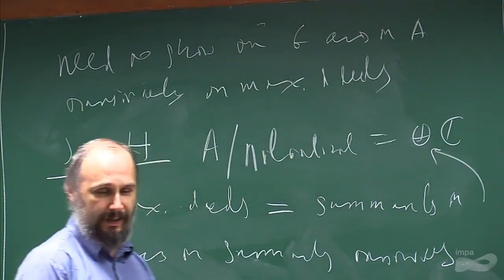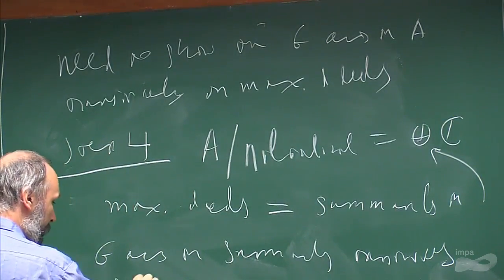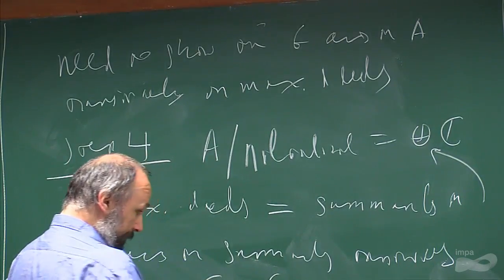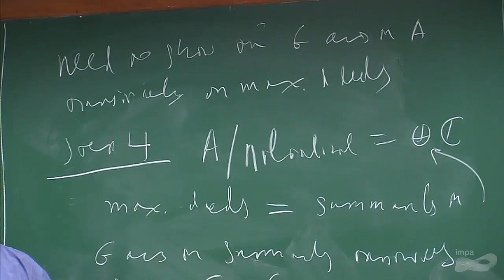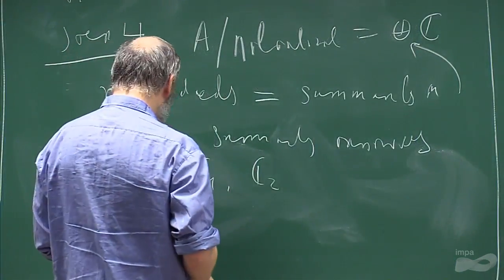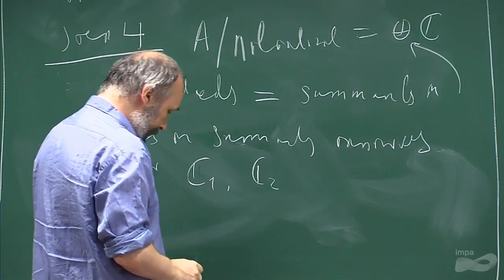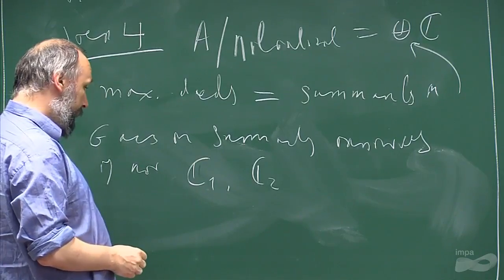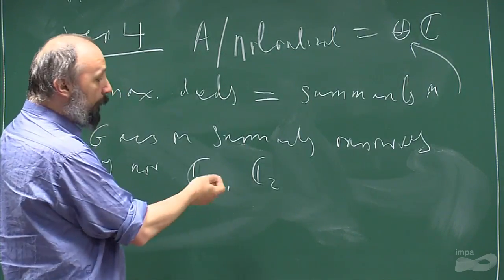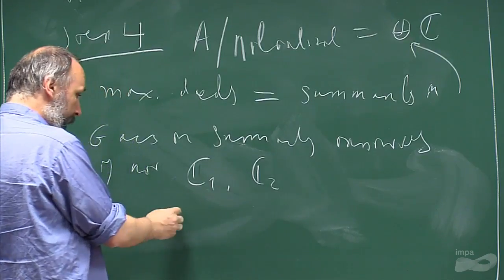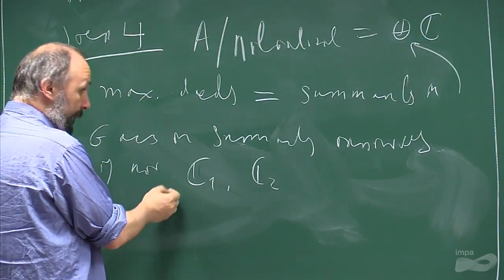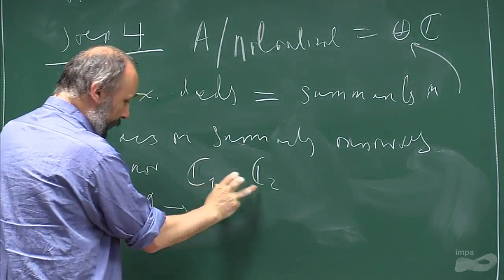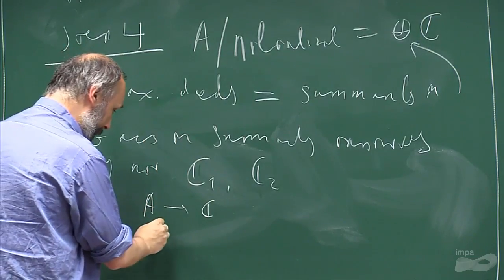Let me explain. Suppose it doesn't act transitively. If not, you have two summands, like C1, C2. They are not distinguishable by the action. Then you have a co-invariant, because you can have a map from A to C which takes two elements in C1 and C2 and adds them together.